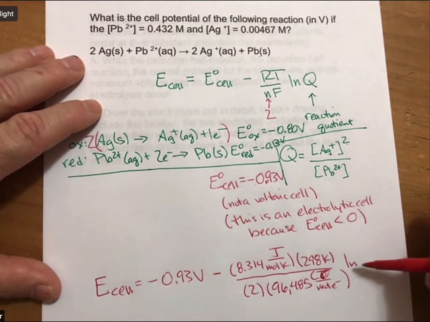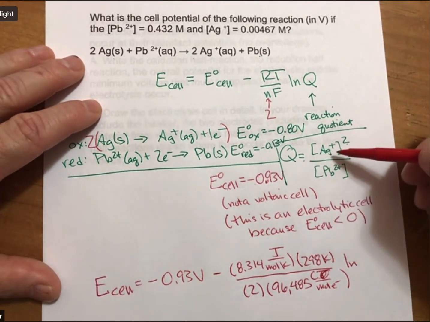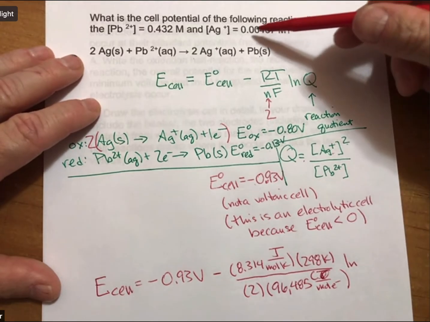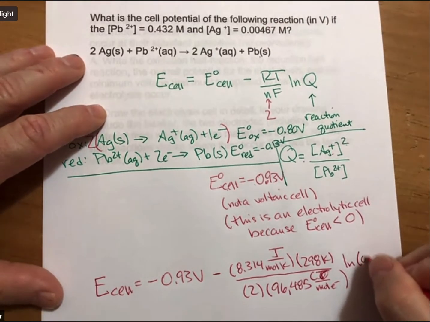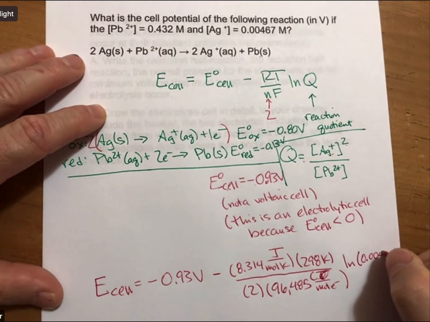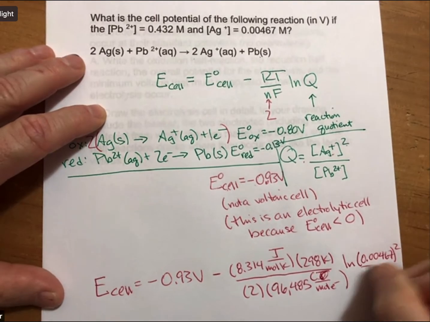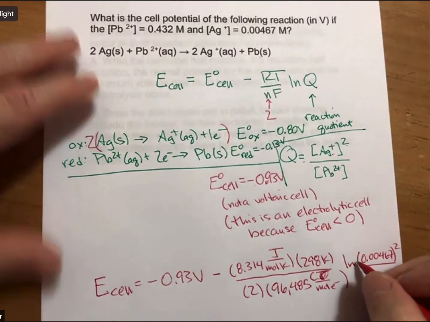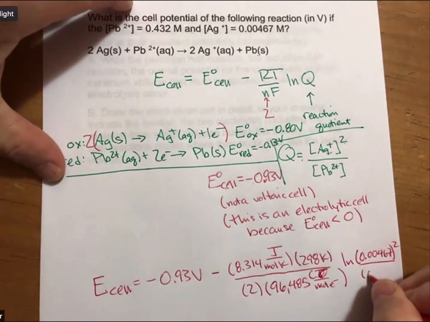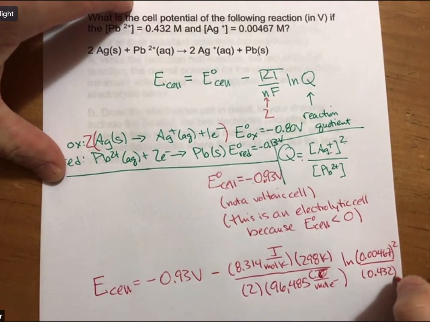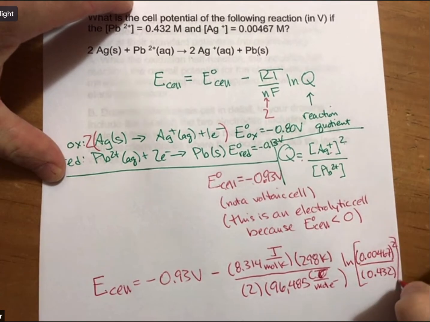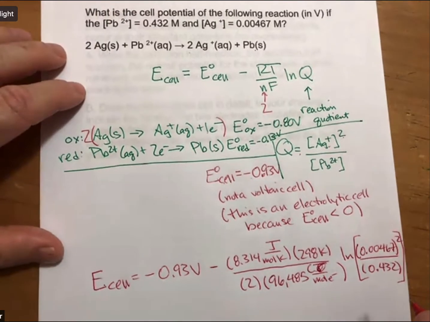And our Q is going to be our concentration of silver ions squared over just concentration of our lead. And now we've got all of it together.